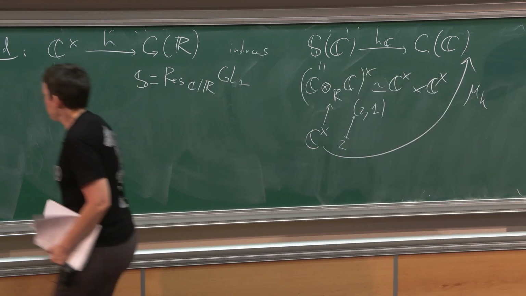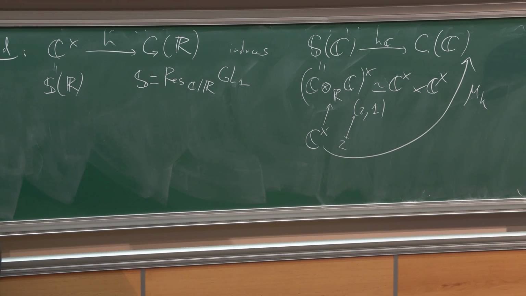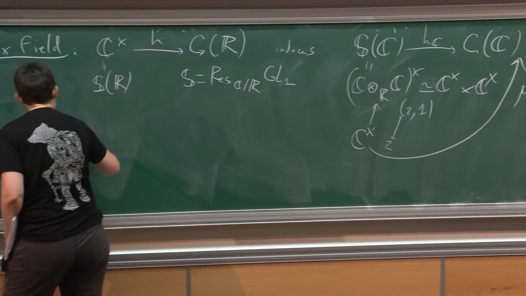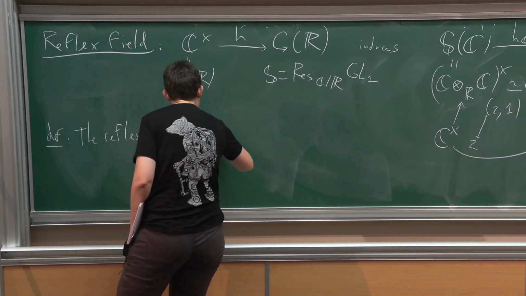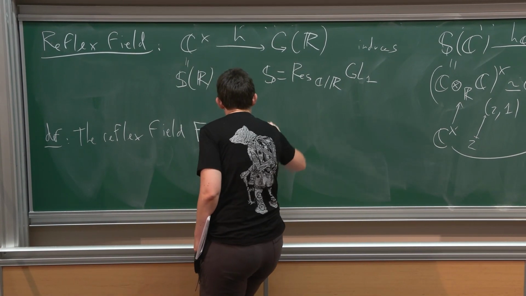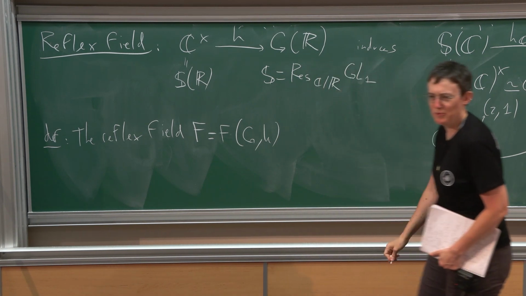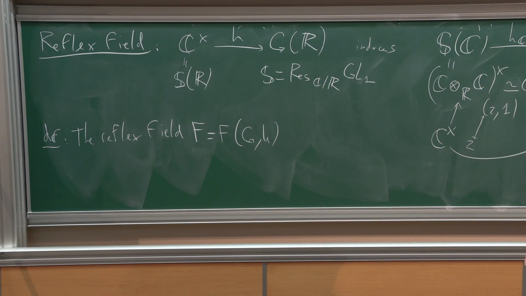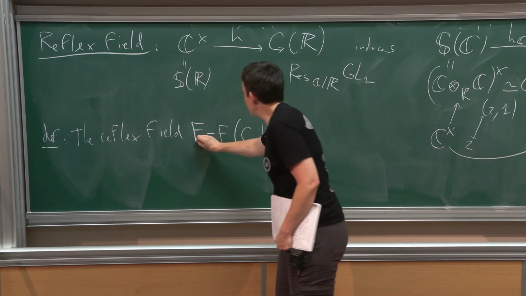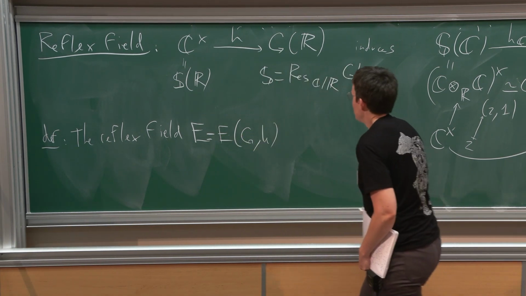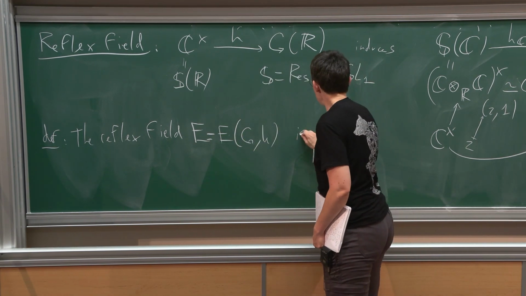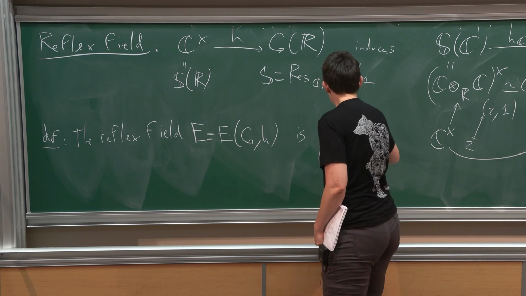And the reference field, which I like to call F, although a lot of people like to call it E. Actually, I should call it E. So the reference field is the field of definition.